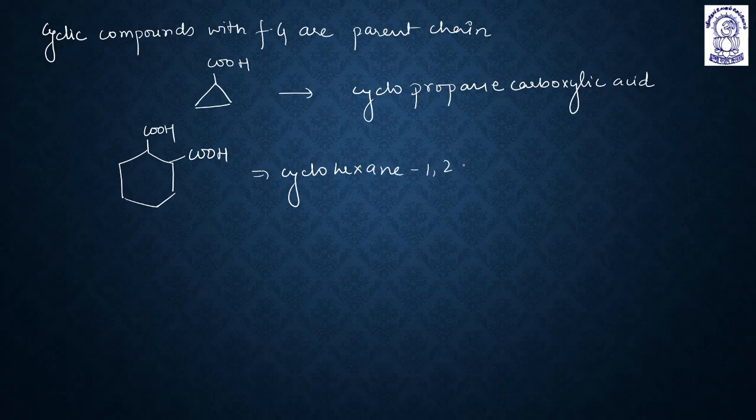Cyclohexane 1,2-dicarboxylic acid. As this carbon is not part of the parent chain, the carbon of this group is not counted as a parent chain carbon. That is why it is written as carboxylic acid.